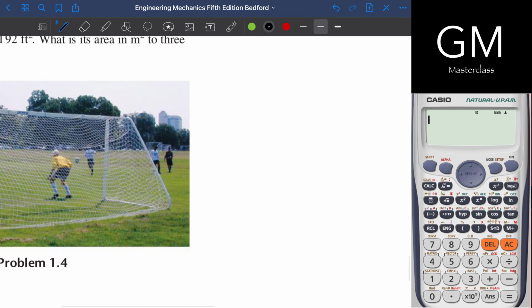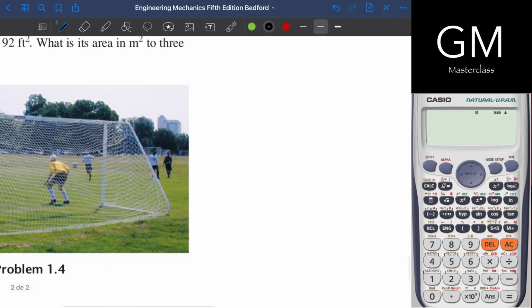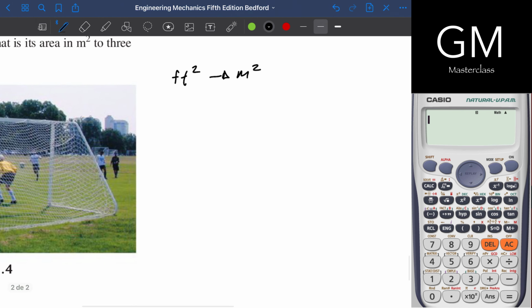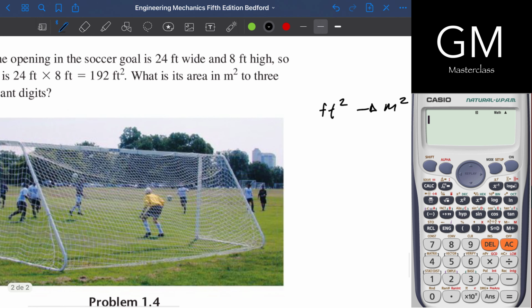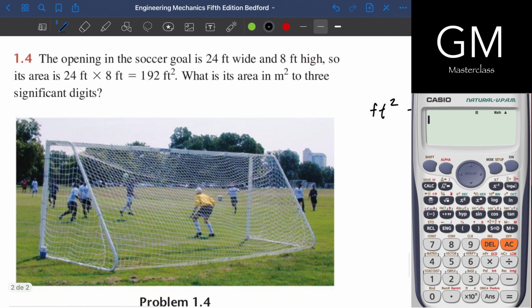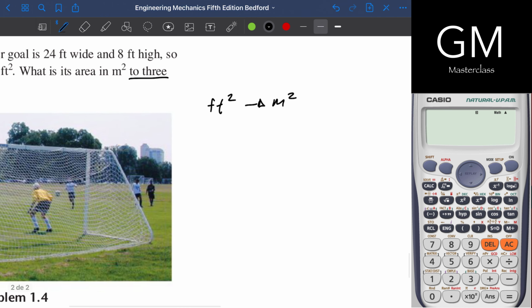So this is actually an exercise in which we have to have an equivalence. So we can transform that square feet into square meters. We're going to use the most amount of digits that we could use, and then we're going to eliminate the rest of the digits that are not three significant digits, because we're going to just take into account that amount of digits.